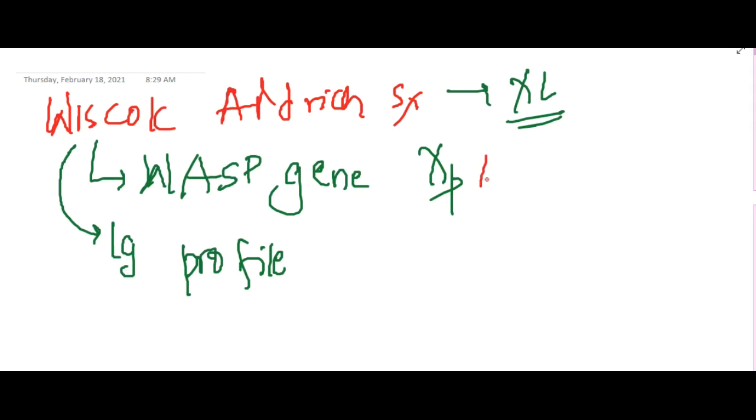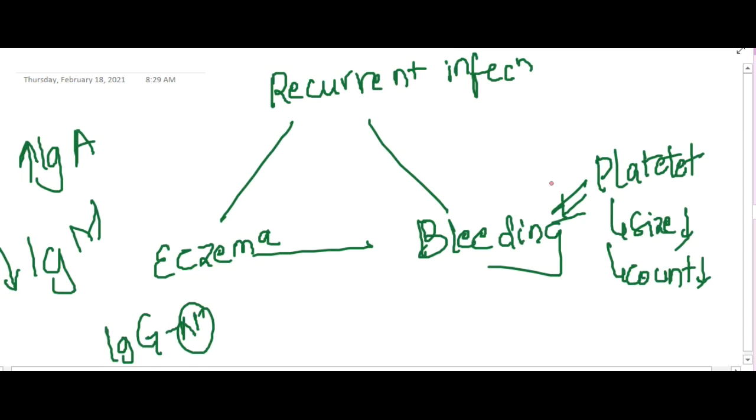Because of this we have a triad: recurrent bacterial infections, bleeding causing thrombocytopenia, and eczema. So there is prolonged bleeding, and bloody diarrhea is also seen in these patients.